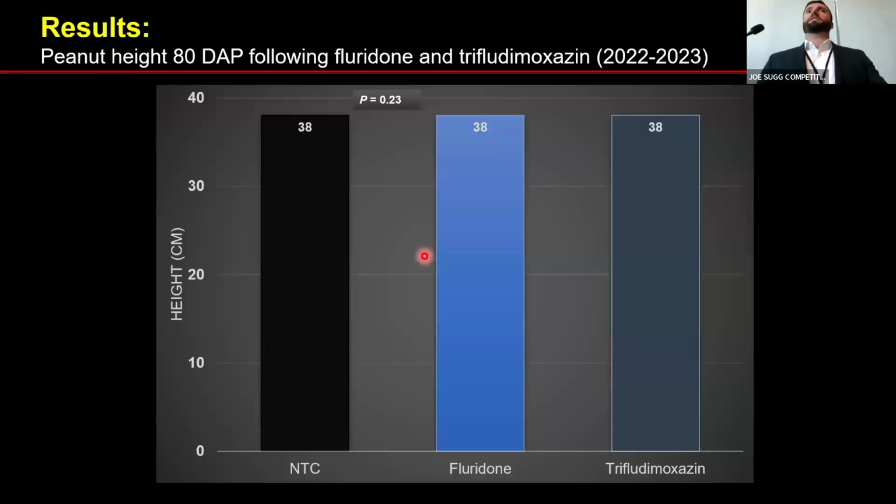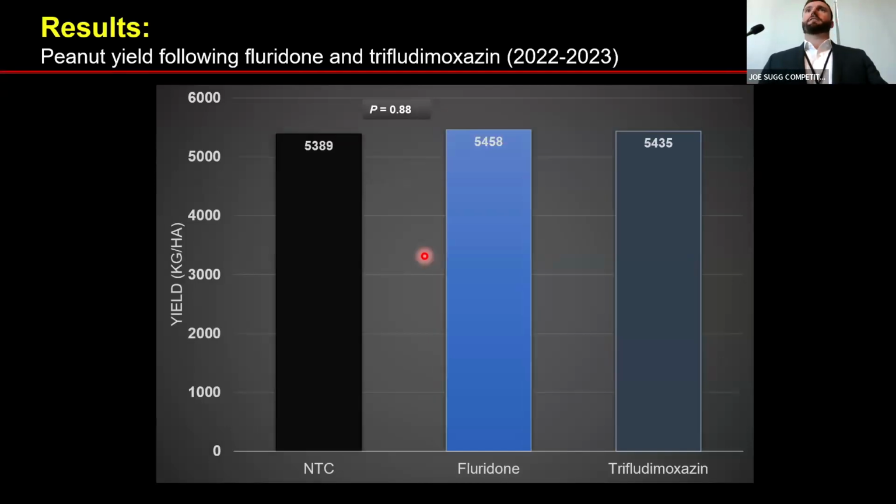So the last evaluation of our phase 2 was looking at peanut heights at 80 days after planting. And so by this point in time, you can see that there was no herbicide nor timing effect in regards to height, with an average of 38 centimeters across all of those treatments. And so the last phase of evaluation here is looking at peanut yield.